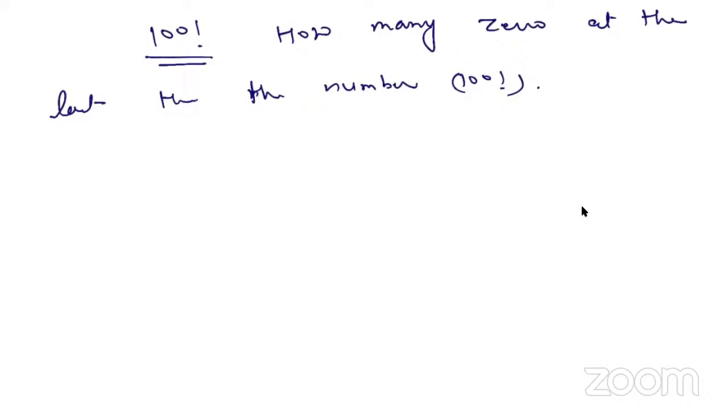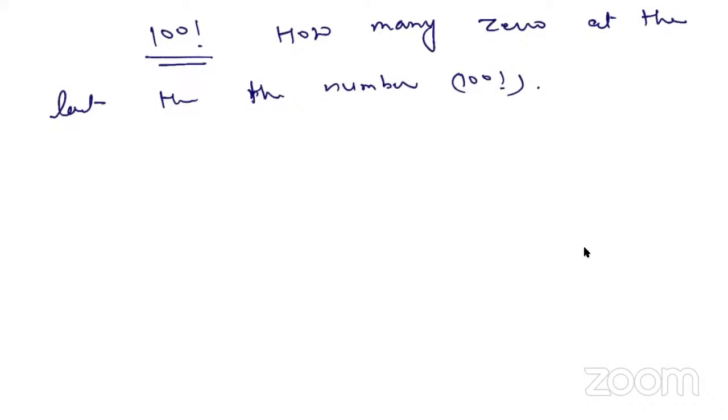A few of the answers are coming as 20, 23, 11, 24, 2, 13, 21, 21, 21, 22. Okay, good, great. So now we have to see how many zeros at the last of factorial 100.